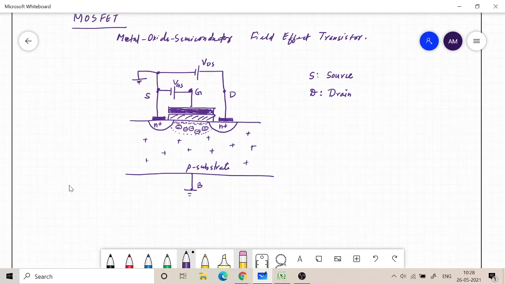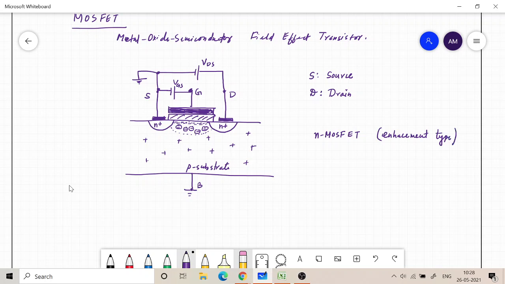So this is basically an NMOSFET. Okay, and NMOSFET is of two different types. This one is basically enhancement type, that's what we will mostly refer to. The other is basically depletion type.